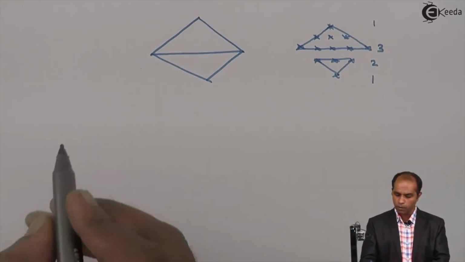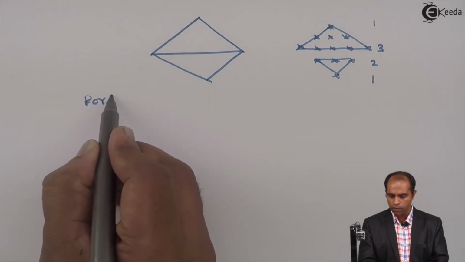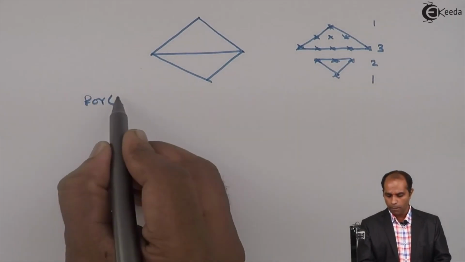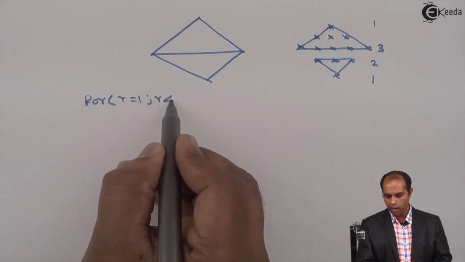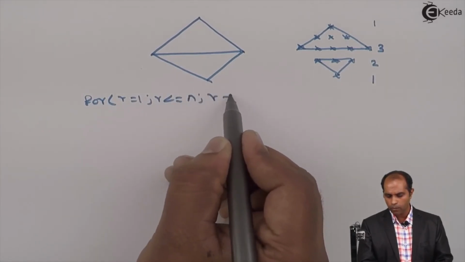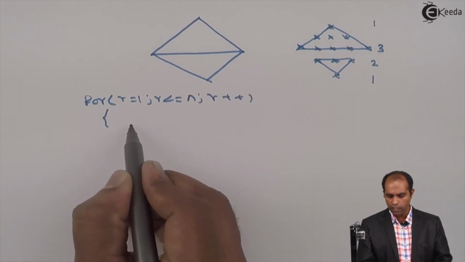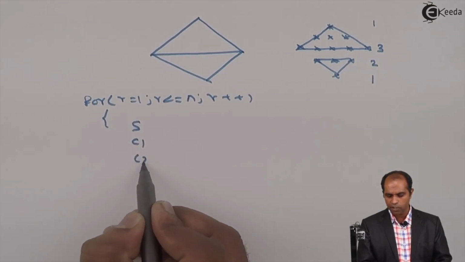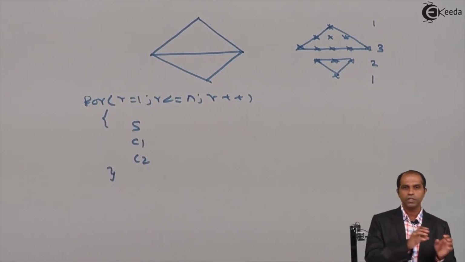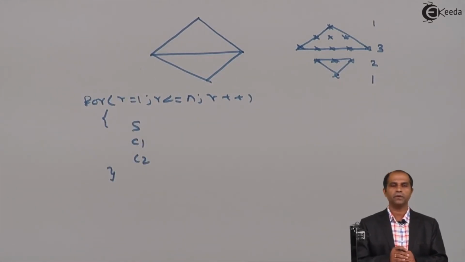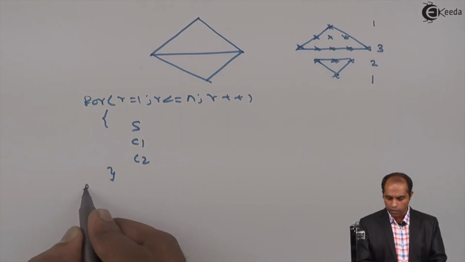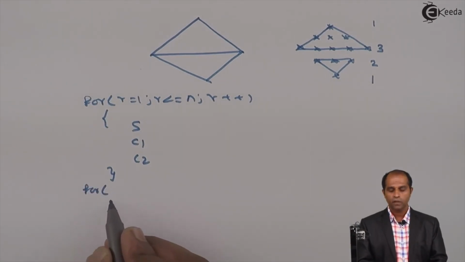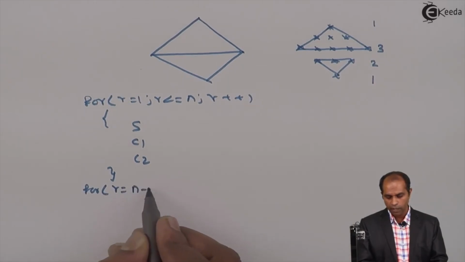So if I ask you to write a program, then the program will be something of this sort. The upper part will be R equals 1, R less than or equal to N, R plus plus. Within that, S, C1, C2 will be as they are, which we have written in the first part of this video. And then your second loop will be for R equals N minus 1.